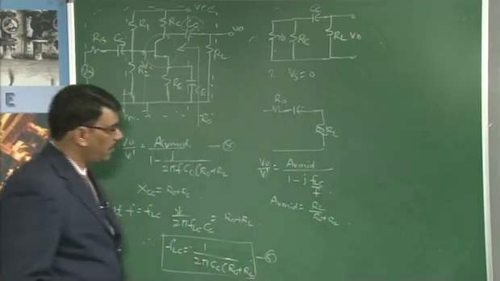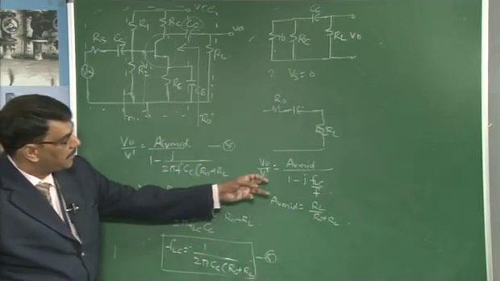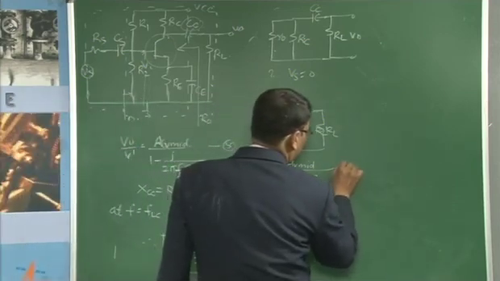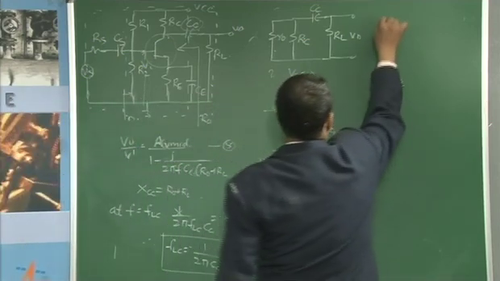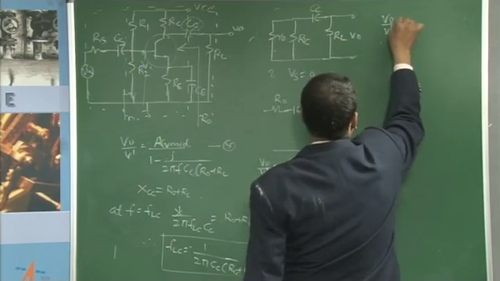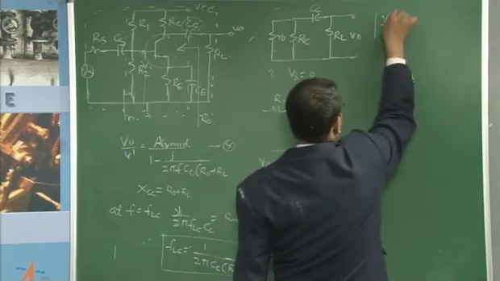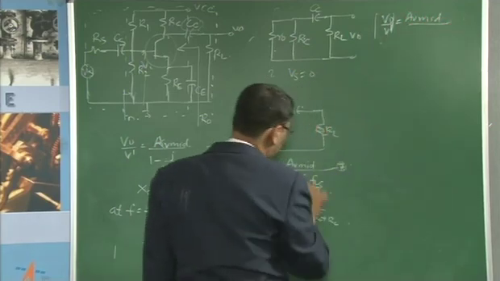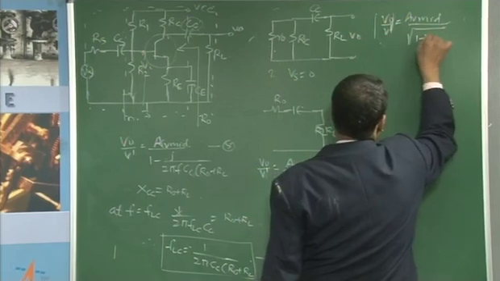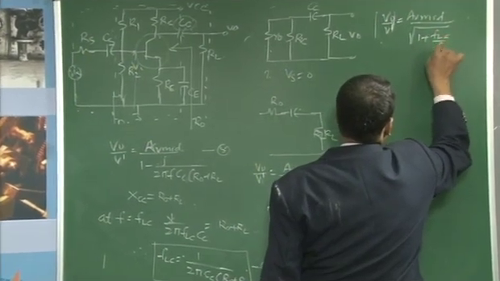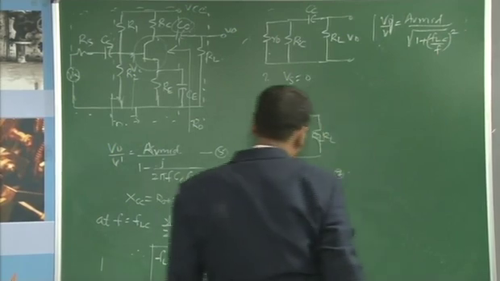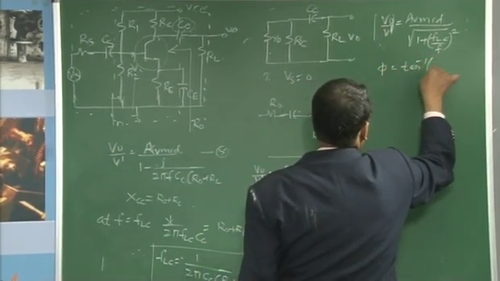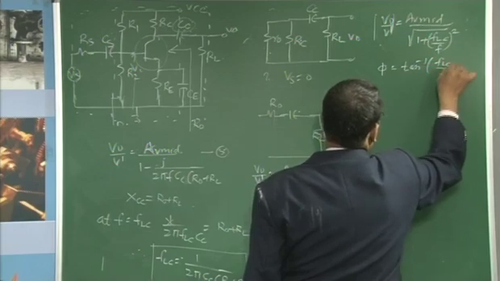Now, what is the frequency response? Because this is complex in nature, you have to convert this into polar form. Then the magnitude of V naught by V dash is given by AV mid divided by square root of 1 plus FLC by F whole square. Then the phase is equal to tan inverse of FLC by F.